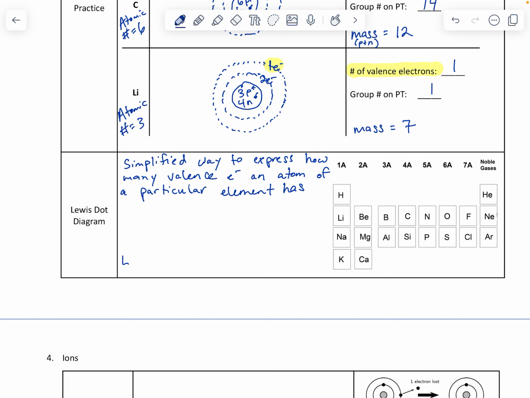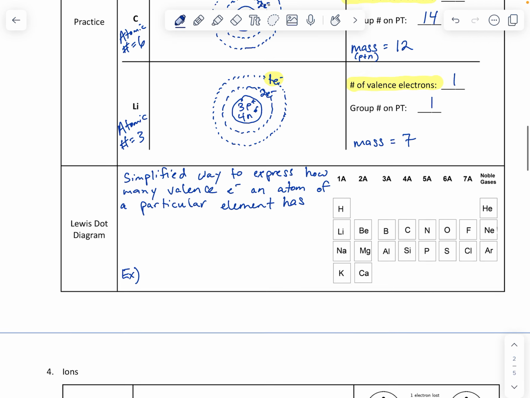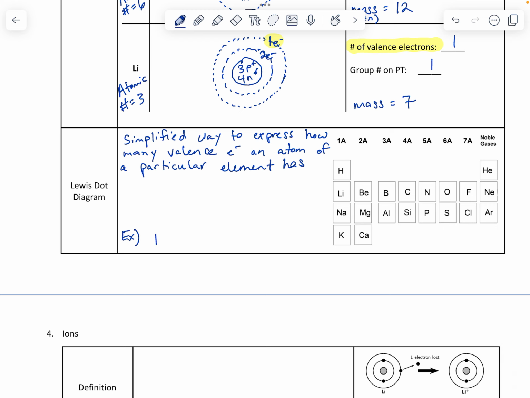Something like, as an example, let's just use the ones above. Beryllium, we said, has 2 valence electrons. So when I draw it, I'm going to use dots to represent those 2 valence electrons. And you'll notice that I didn't pair them up.